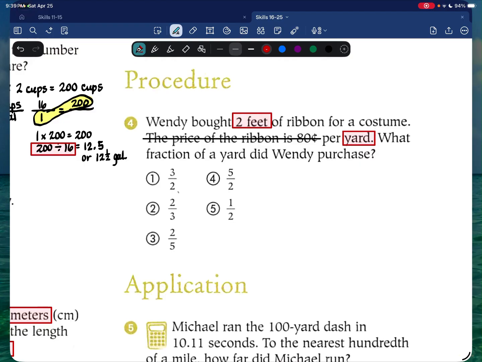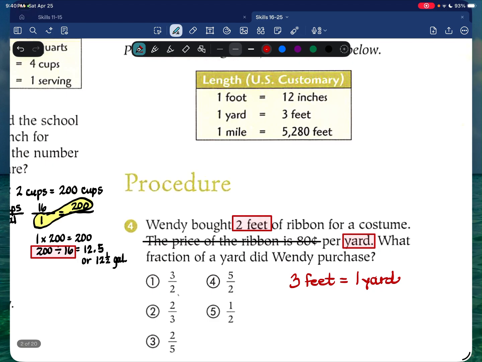Okay, so we are comparing feet to yards. And I know that there are 3 feet in 1 yard. Okay, and you can see that up here. 1 yard is 3 feet. So here's the conversion that I need.